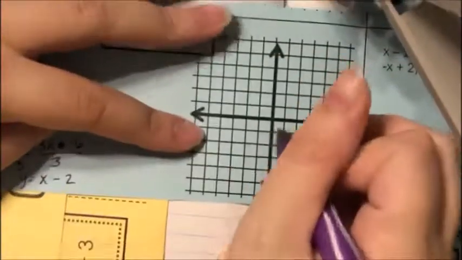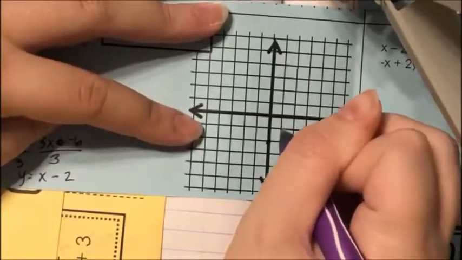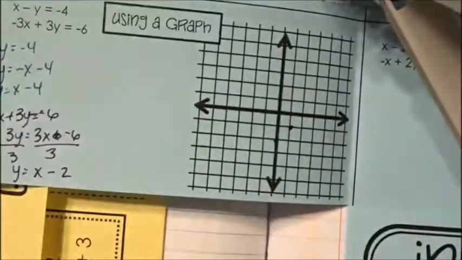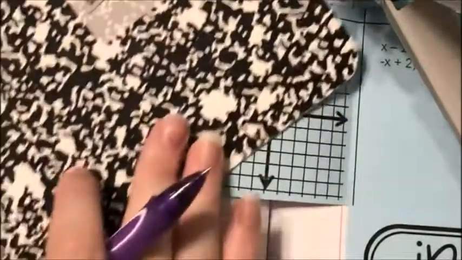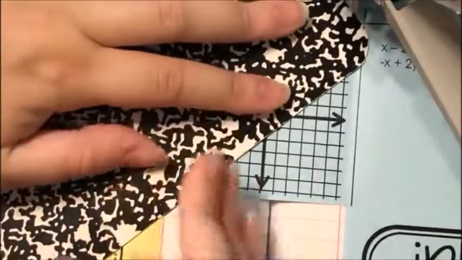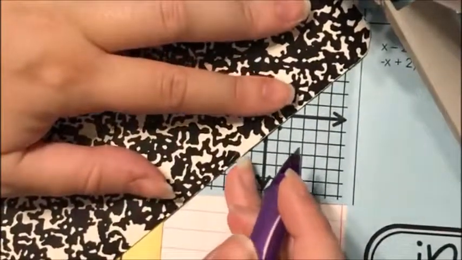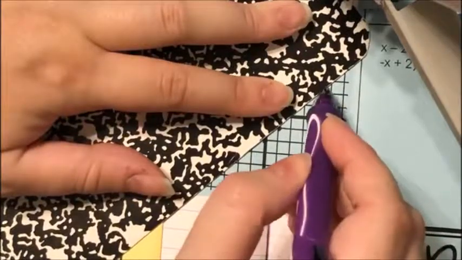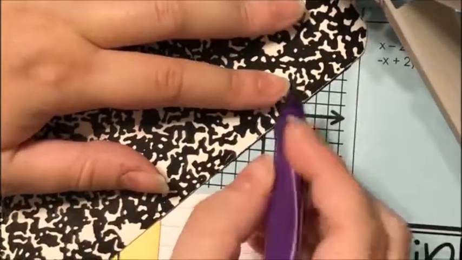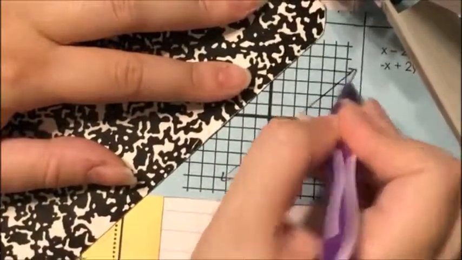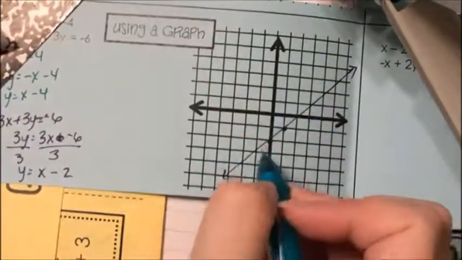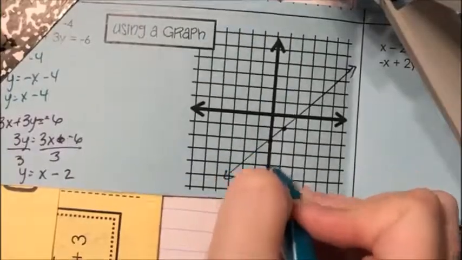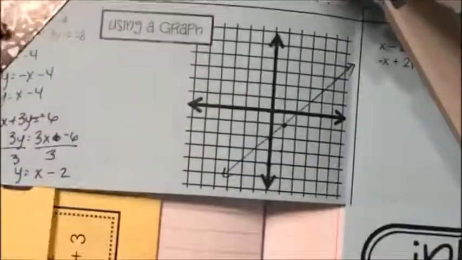So I've got -2, up 1 over 1, up 1 over 1. Okay. And then my other equation was x minus 4. Okay.